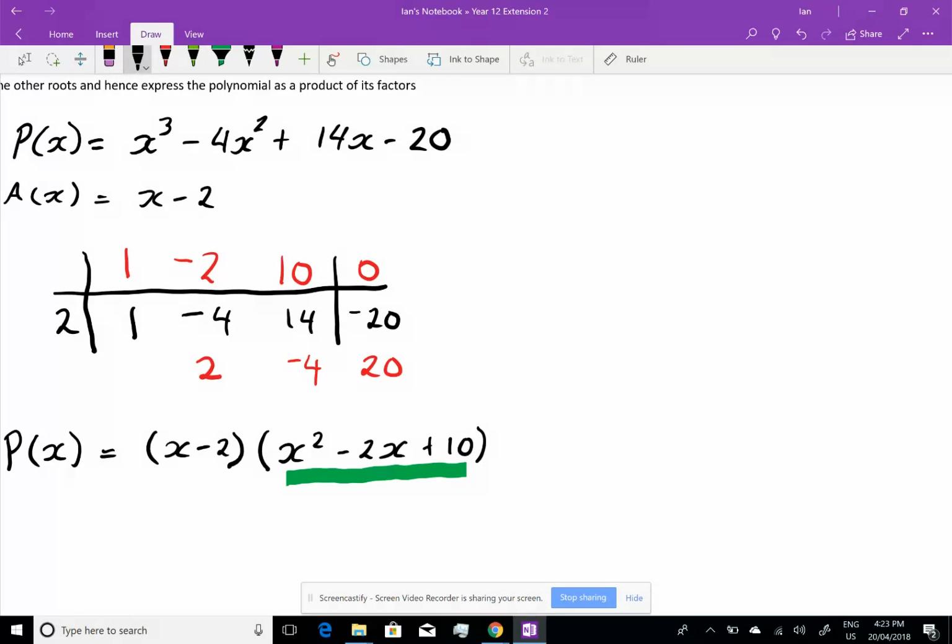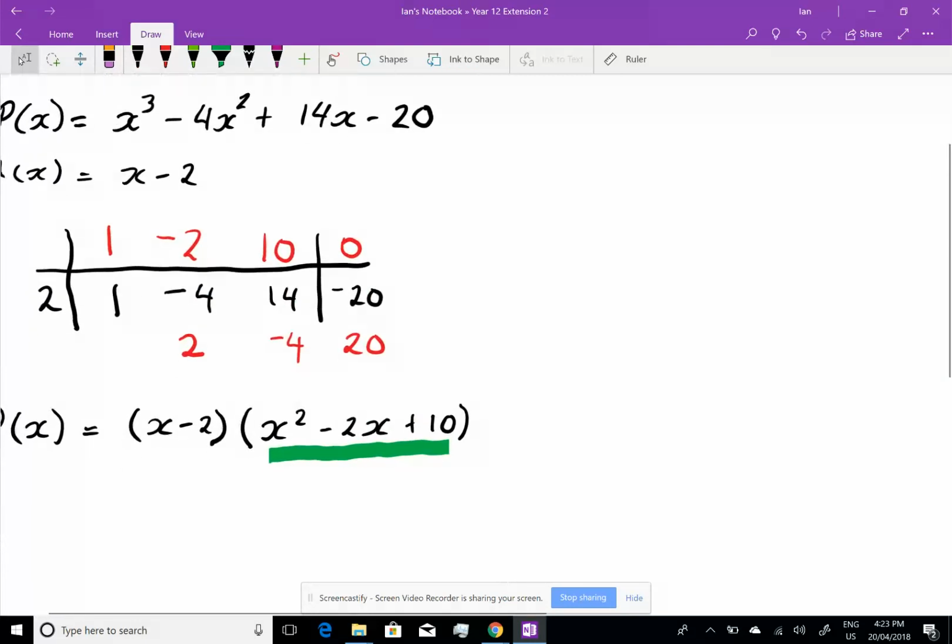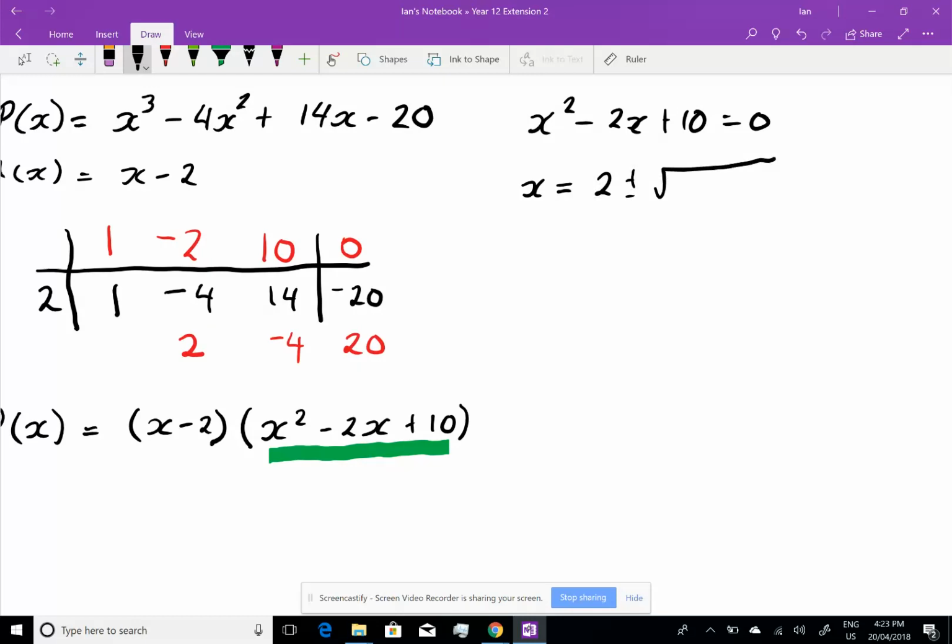So let's do it. We'll just do this bit here. X squared minus 2x plus 10, put it equal to 0. And I'll use the quadratic formula and I'll go x equals negative b, so that's going to be 2, plus or minus the square root of b squared, which we already know is 4, minus 4 times 10, which is 40, all over 2.